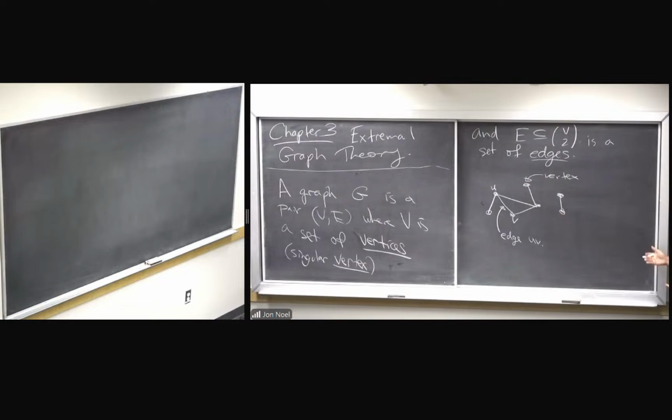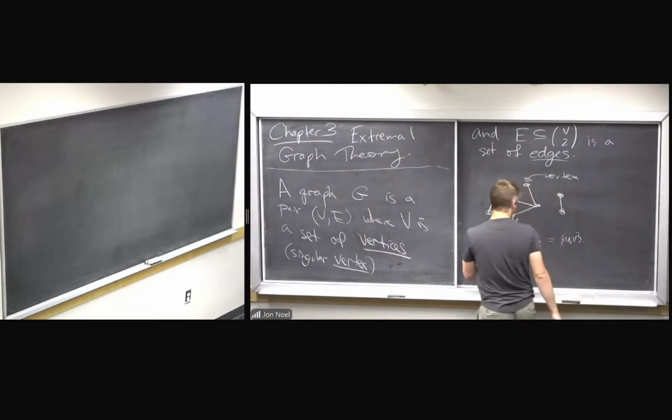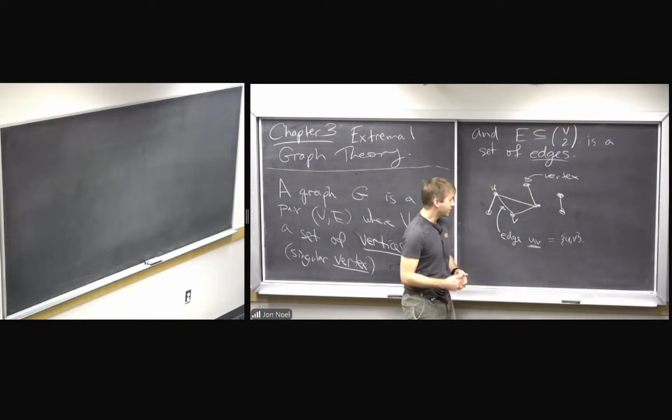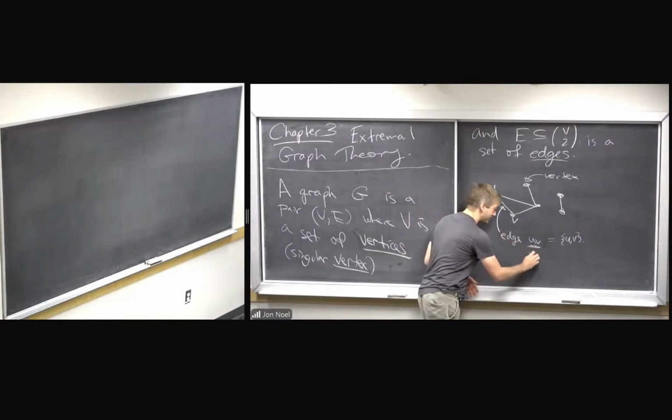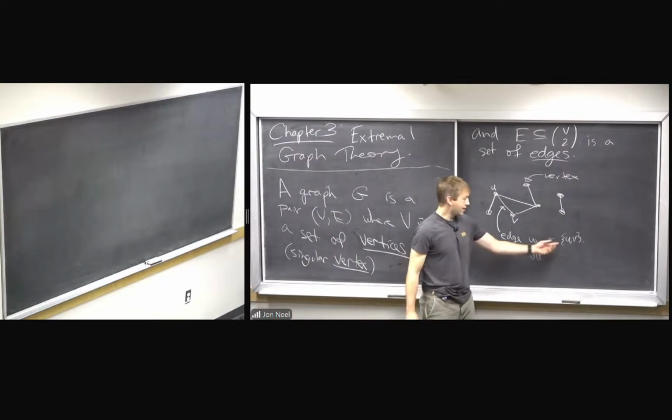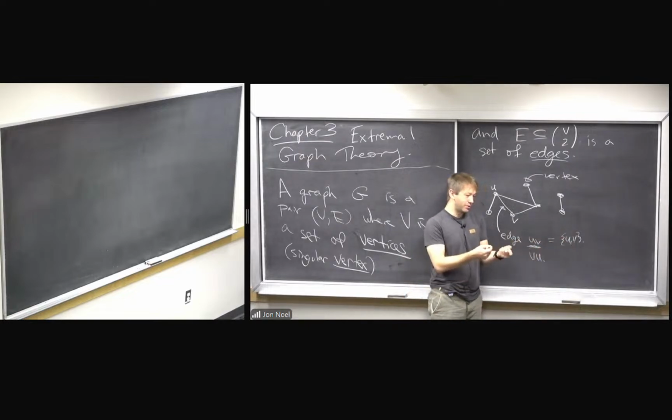Technically, if I'm defining edges to be sets of size 2, I'm saying it's the set {U, V}, but we usually just write it this way. To save us from writing a bunch of curly brackets, let's just write an edge as UV or VU. Because it's a set, it's unordered, so UV is the same as VU.